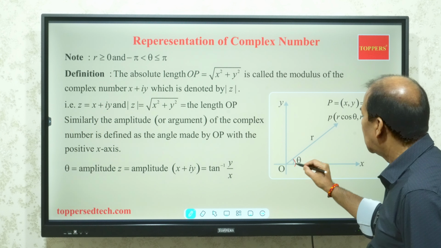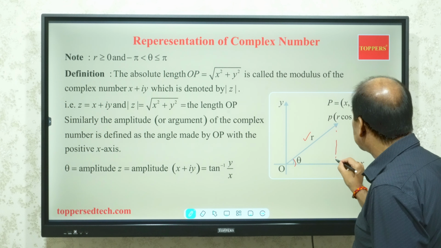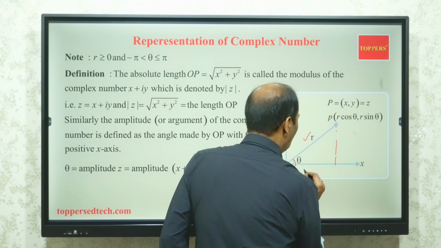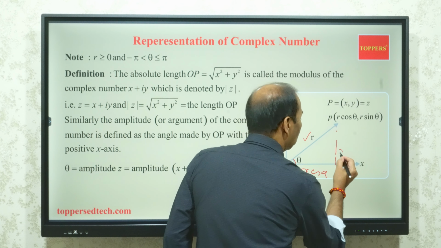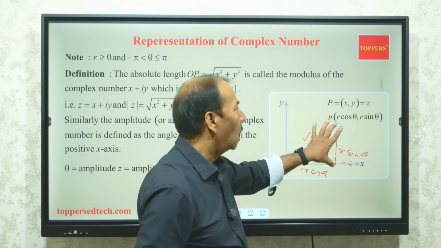This angle is theta and this magnitude is r. So this will be equal to how much? If you drop this perpendicular, and if this is r and this is theta, then this becomes your r cos theta and this becomes r sin theta. This is r cos theta and r sin theta.